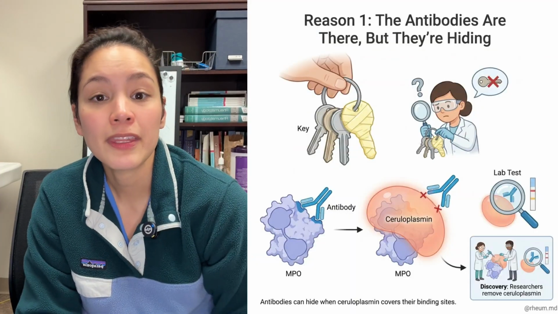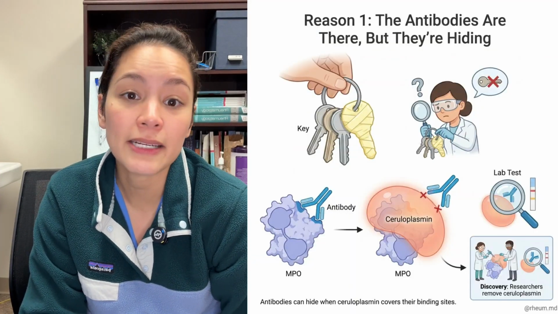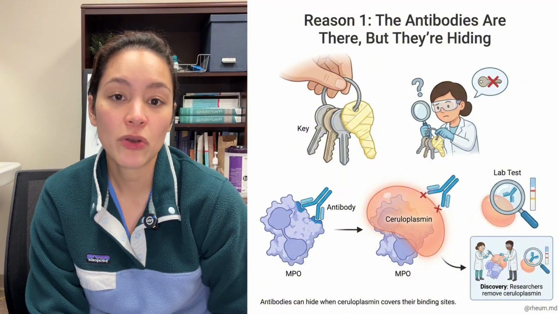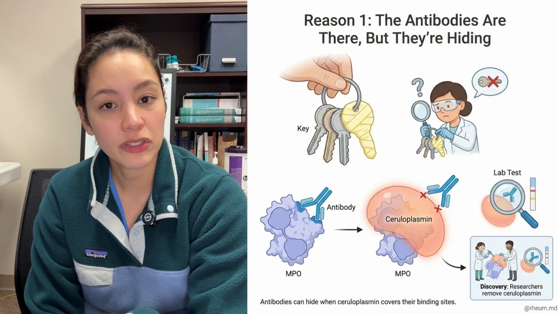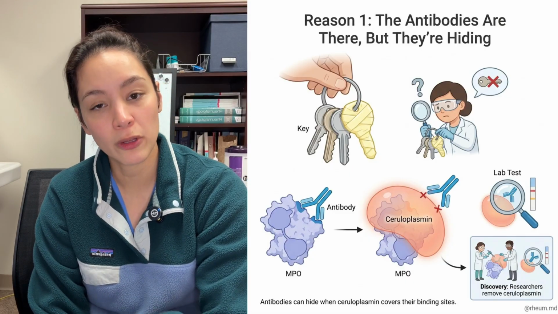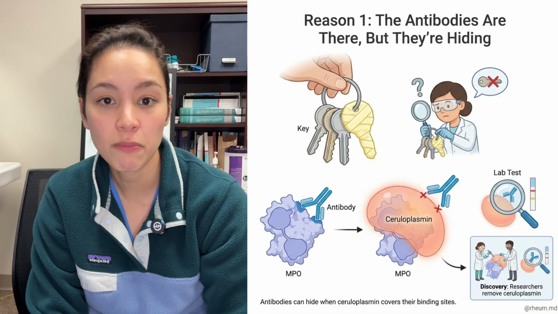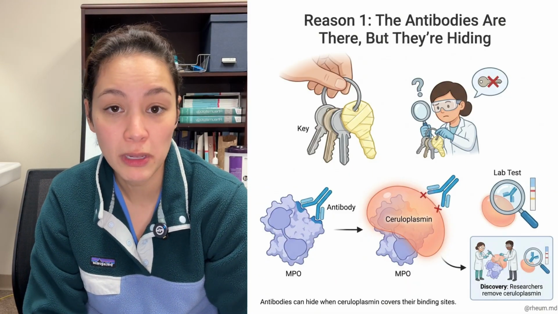Now you understand ANCA antibody testing, but what about that subset of ANCA vasculitis patients with negative ANCA antibodies? How is that possible if the ANCA antibody is so central to the pathophysiology? Reason one, the antibodies are there, but they're hiding. Some patients have MPO antibodies, but their MPO antibodies latch onto the part of the MPO molecule that is physically covered by a blood protein called ceruloplasmin.